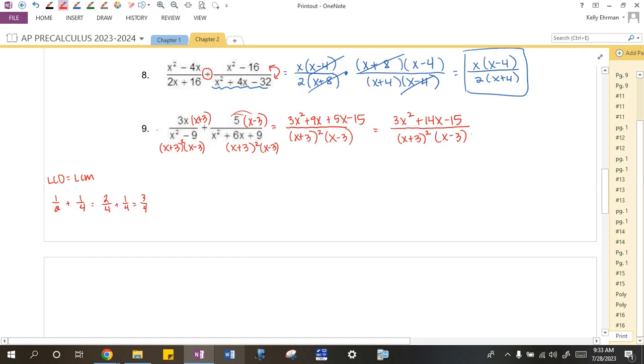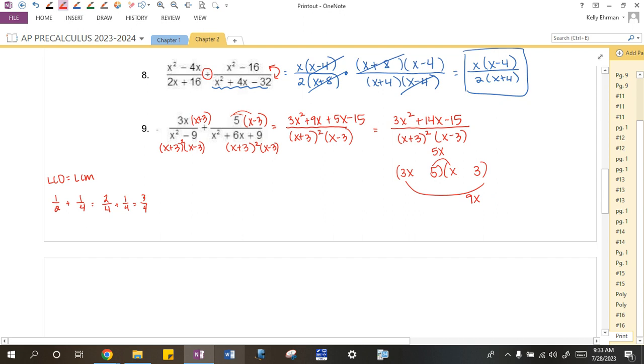Does this factor? Oh, I don't know. Here's the question: are either of the factors x plus 3 or x minus 3? So if this is a 3, then this would need to be a 5 to get the 15. Is there any way that's going to give me 14? Let's see, 9x, 5x.